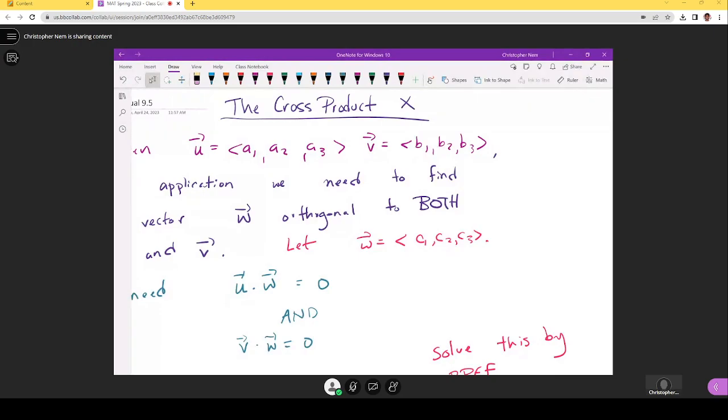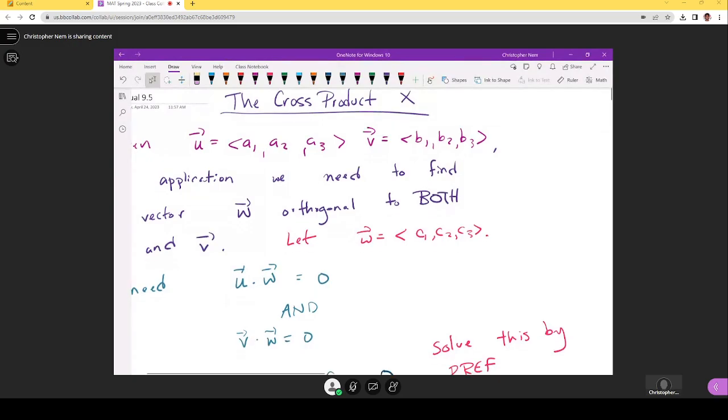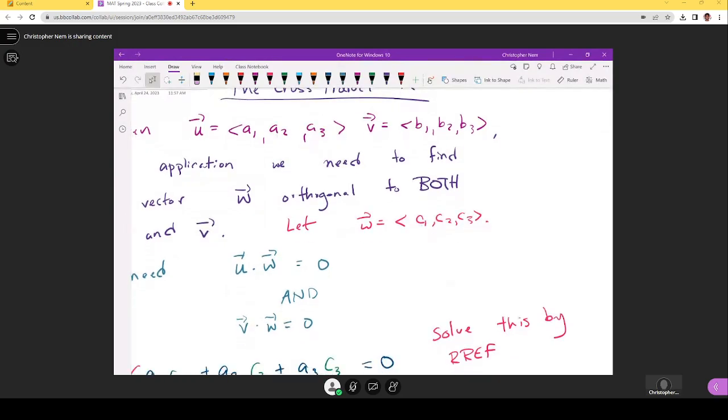So this idea of the cross product is going to tell us that the cross product between u and v is going to give an orthogonal vector w that will be orthogonal to both u and v. That means the dot product between u and w should be 0, and the dot product between v and w should be 0 as well. So it needs to satisfy both conditions.